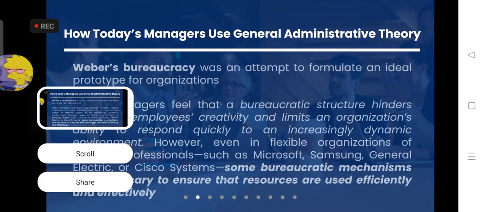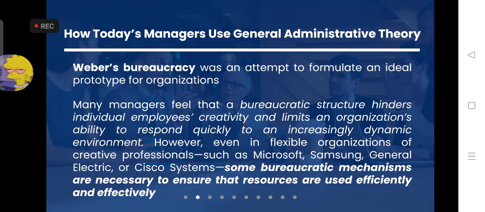How today's managers use general administrative theory. So several of our current management ideas and practices can be directly traced to the contributions of the general administrative theory, although many characteristics of Weber's bureaucracy are still evident in large organizations.